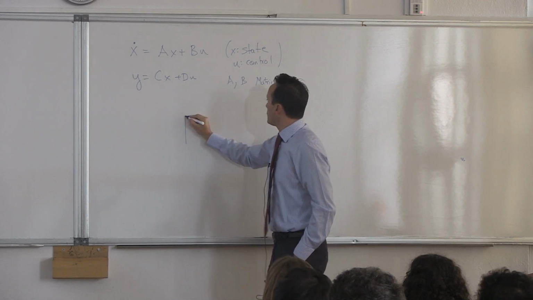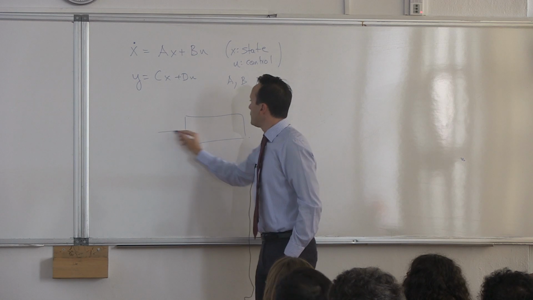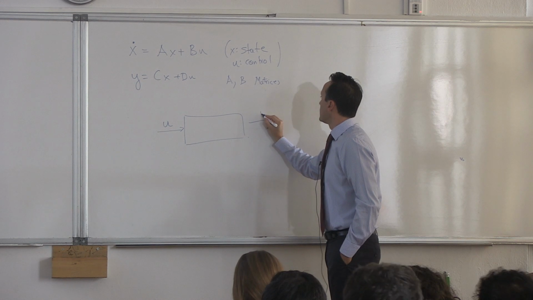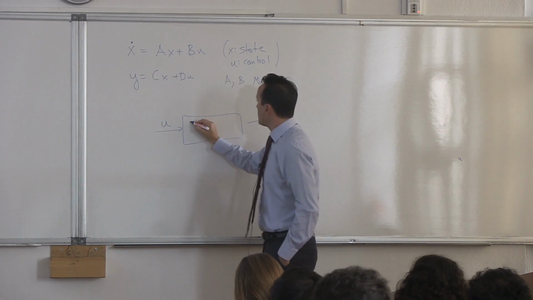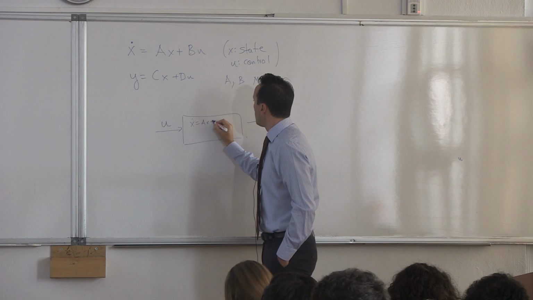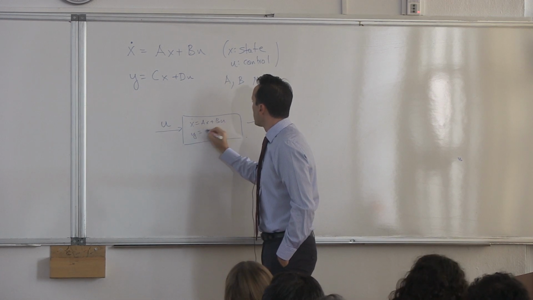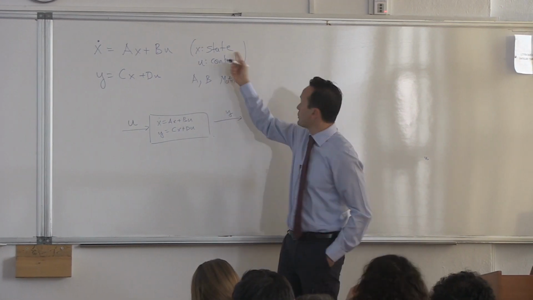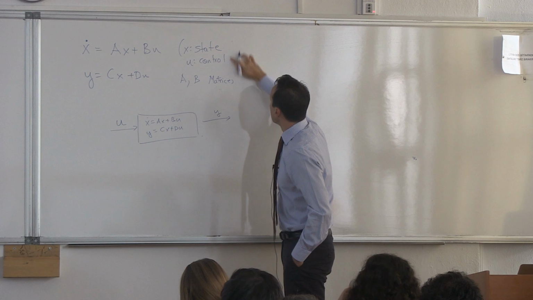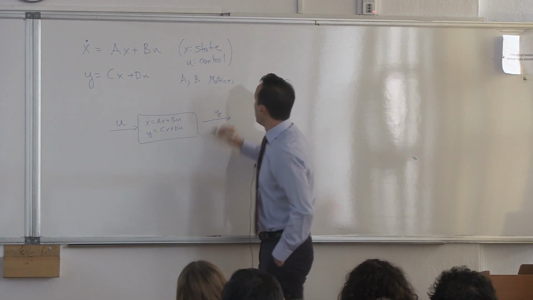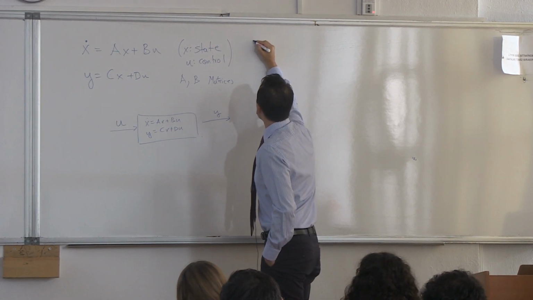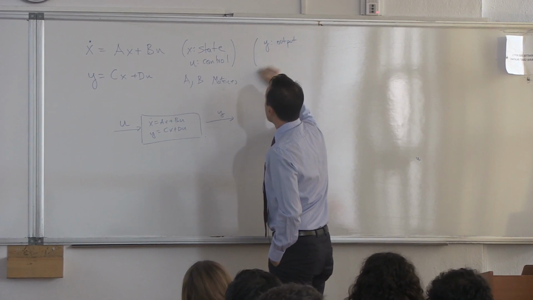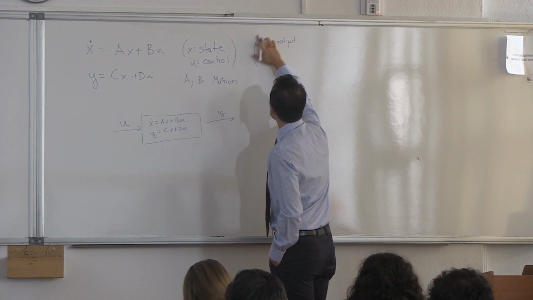If you look at the system, it will actually look like that. The input will be u, and the output is y. So the system looks like this: x dot equals Ax plus Bu, and y equals Cx plus Du. This is a linear system, x is a state, and these are all vectors. y is the output.